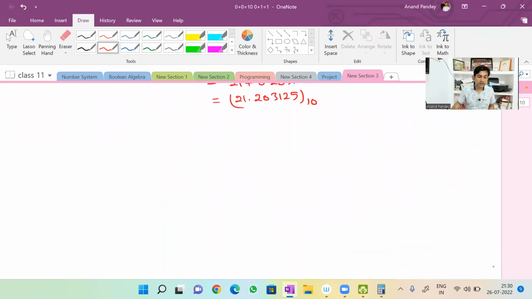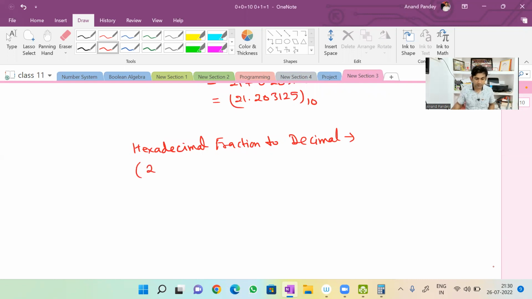दूसरा कन्वर्जन है हेक्साडेसिमल फ्रैक्शन टू डेसिमल. Hexadecimal fraction to decimal.